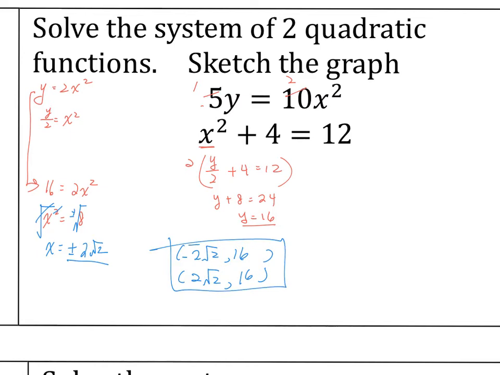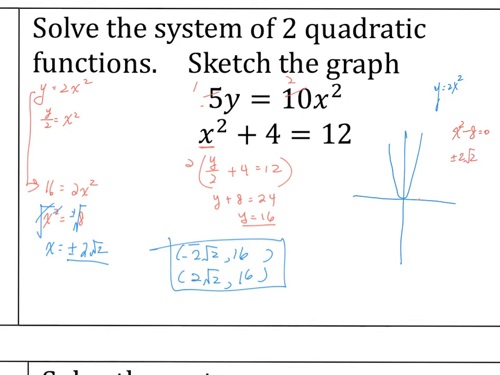And if you sketch the graph, it should look something about like this. So y equals 2x squared, and then x squared minus 8 equal to 0. So our zeros would be at plus or minus 2 square root of 2.